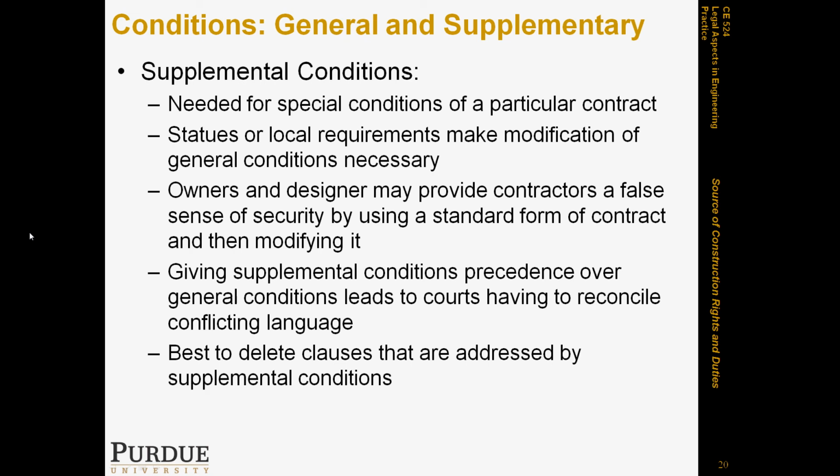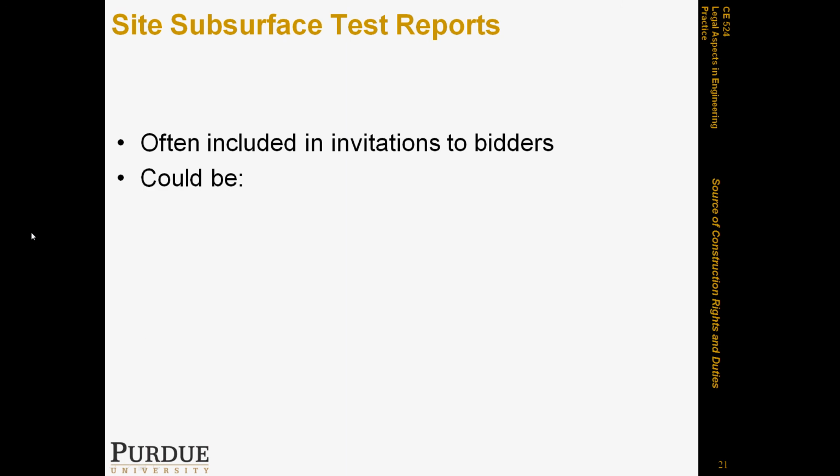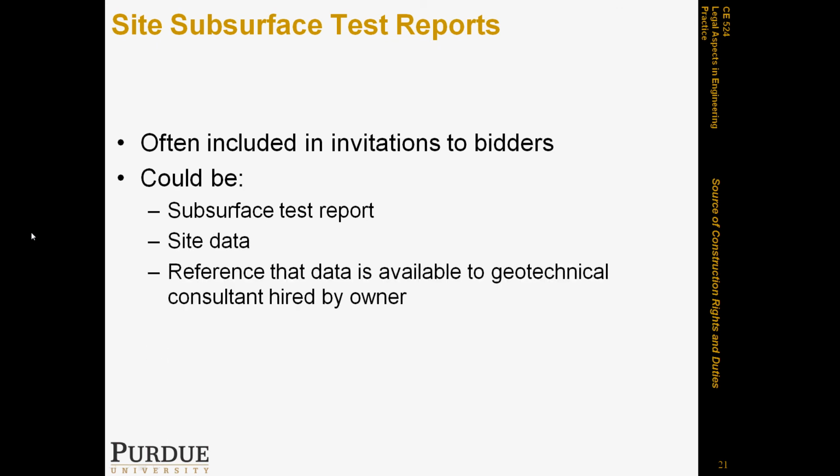Okay, another set of documents is the subsurface test reports. These sometimes are included in the invitation to bidder. These could include specific pieces of information, so sometimes test report data, site data, or references that the data is available somewhere, for example at a specific geotech consultant that's been hired by the owner.